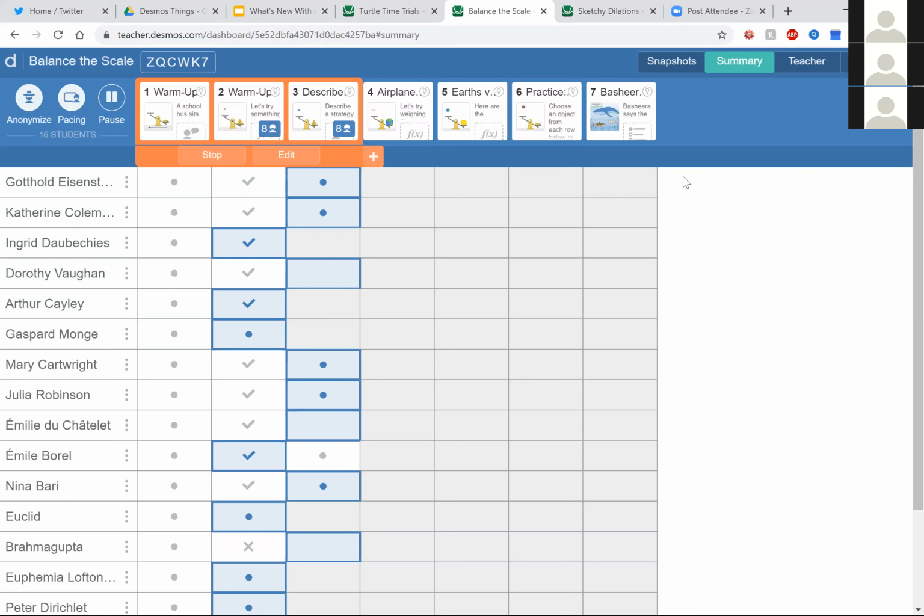Say about 2 more minutes before pause. If you have any comments or questions about this activity or the last activity, feel free to use the chat.